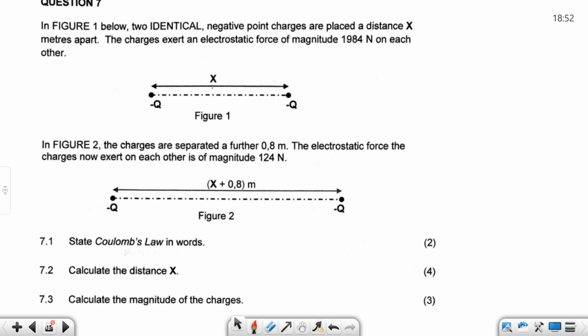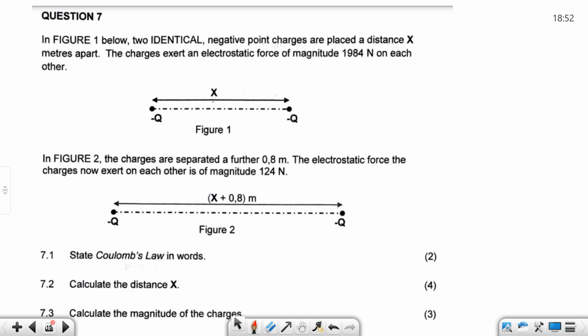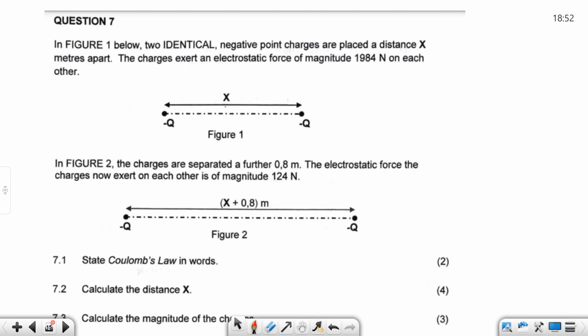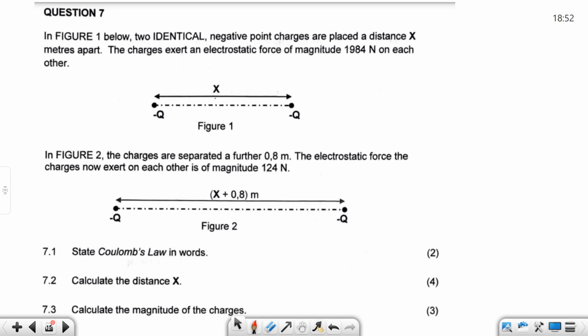So we have these two, and we're saying the force between them is 1984. In figure 2, the charges are separated a further 0.8 meters. That's why you have x plus 0.8. The electrostatic force now exerted on each other is a magnitude of 124.